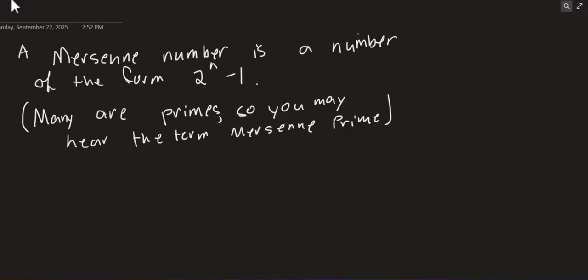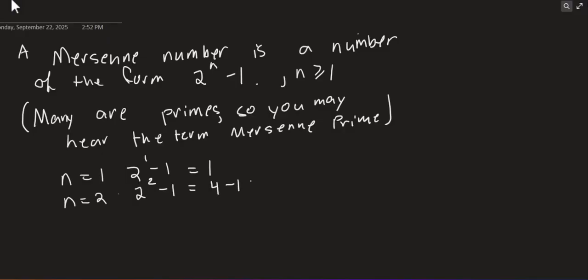So let's take a look at what these numbers would look like, for n greater than or equal to 1. If n equals 1, we would have 2 to the 1 minus 1, which would be 1. If n equals 2, we would have 2 squared minus 1, which would be 4 minus 1, which is 3.